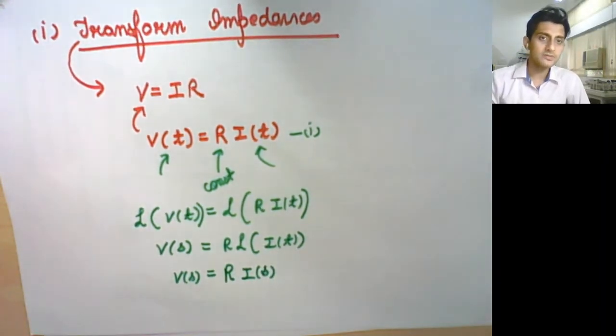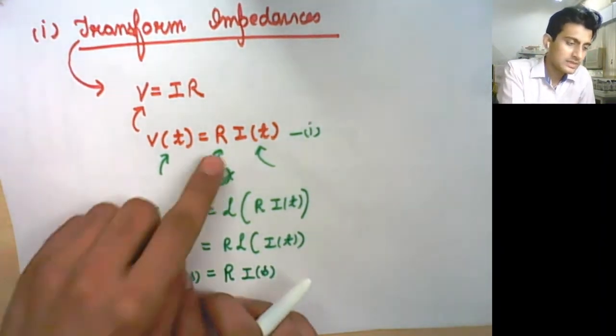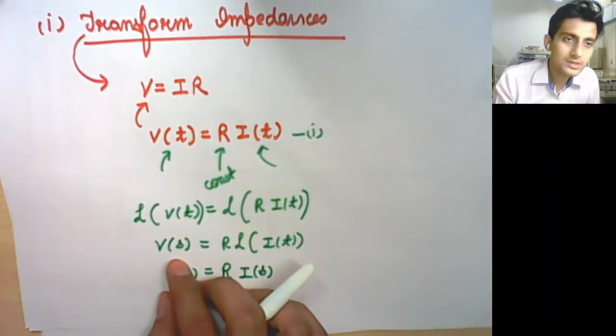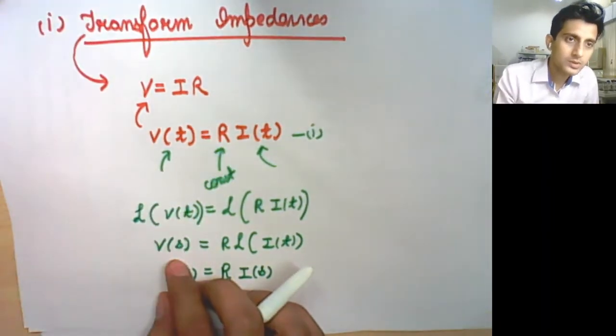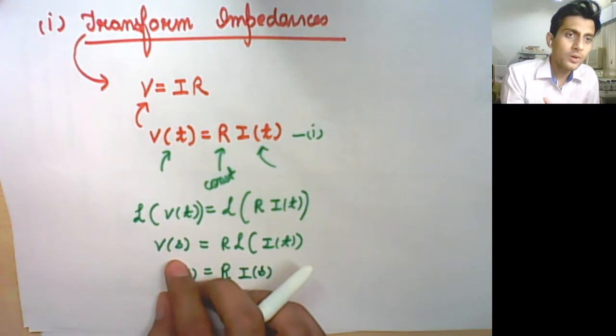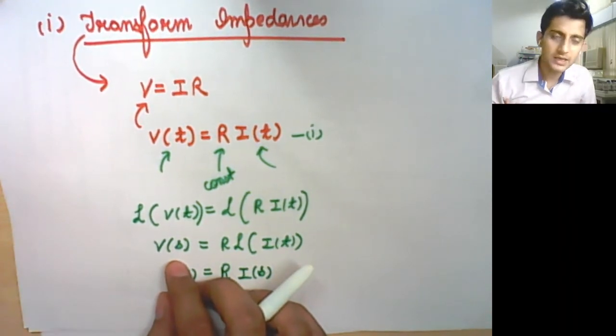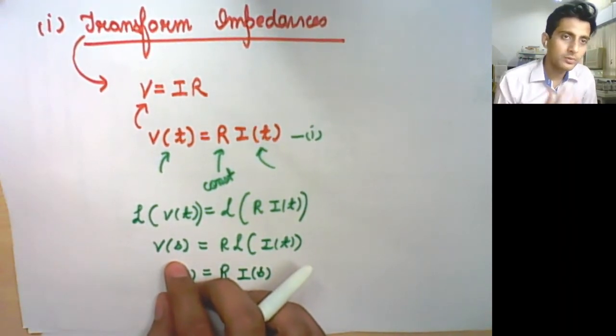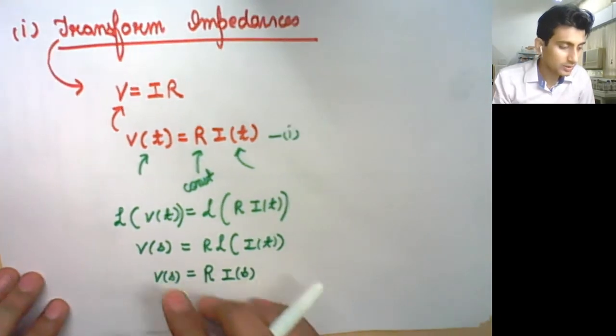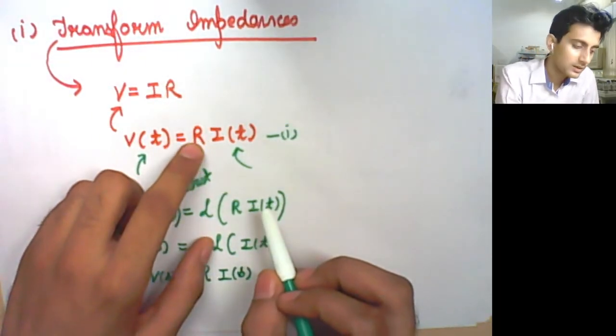Okay. So if somebody is asking you, this resistance, although it was constant, when you are looking at resistance in S domain, what would it look like?